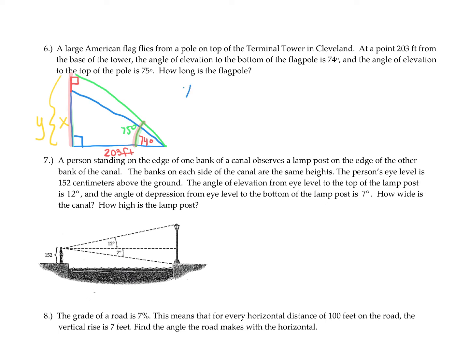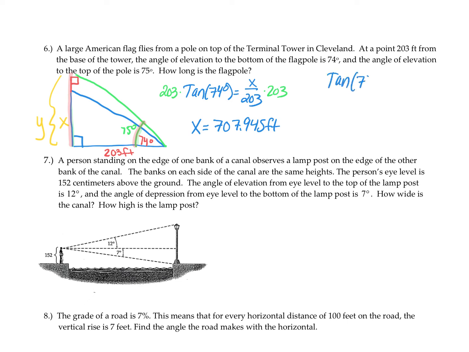So I'm going to do the tangent of 74 degrees would equal x over 203. Now to solve this, I would multiply by 203. And type that in my calculator. My x would be 707.945 feet.